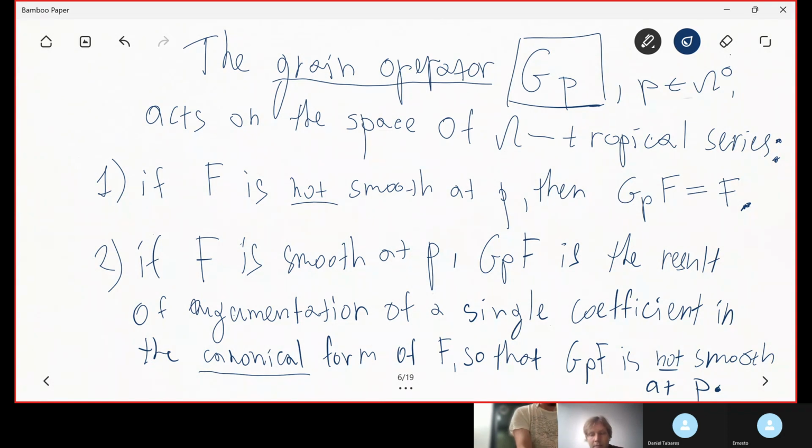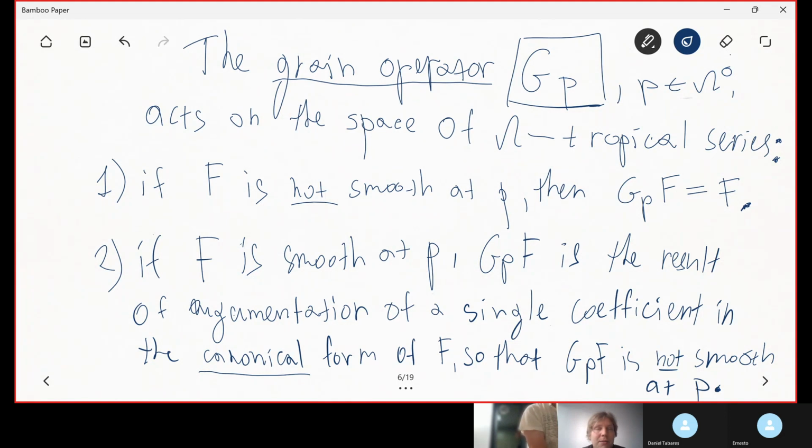That is a kind of a way to very efficiently encode this minimax principle, I suppose. Yeah, but there is another definition that we were using previously, which I find a little bit confusing, which is a kind of universal definition as an operator which extremizes the property, or like the pointwise minimum of all omega tropical series which are greater than f and which are not smooth at p.